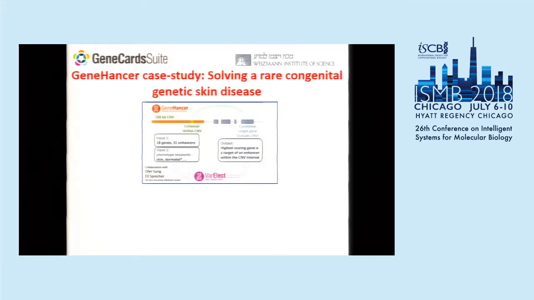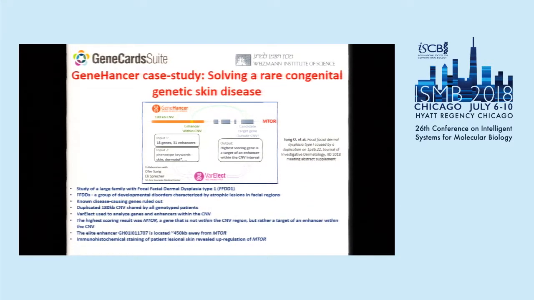An example in the case study is a rare congenital genetic skin disease. This is in collaboration with Ofer Sarig and Eli Sprecher, who's the physician at Sourasky Medical Center in Tel Aviv. This is a real case where they were trying to solve this rare congenital disease.